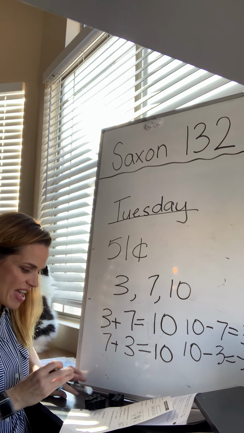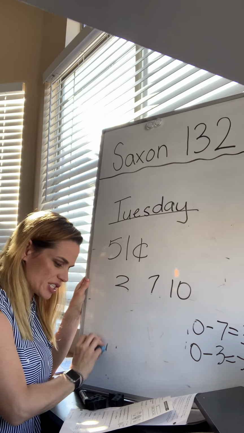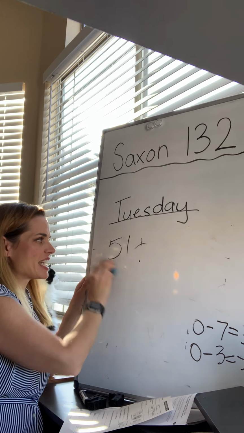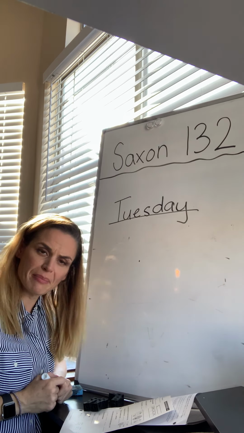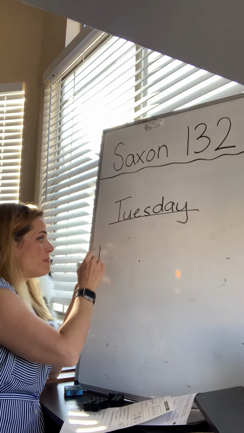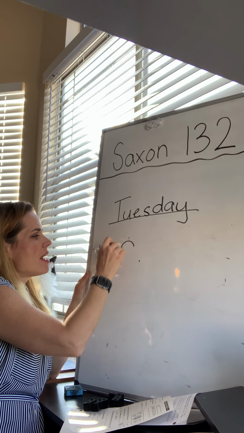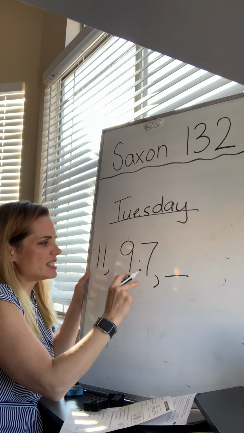Good job. All right. Then you are going to move on to number patterns. Oh, this one looks a little tricky. It's counting backwards. And it looks like 11 minus 9. What is that? It's 2. So we're going to count backwards. 11. 7 minus 2.